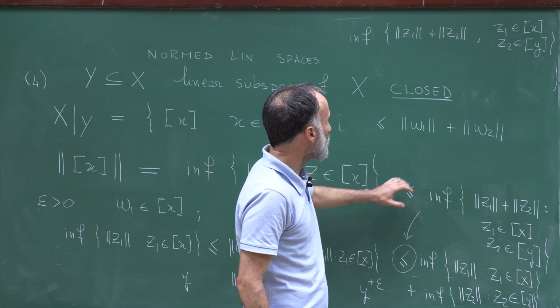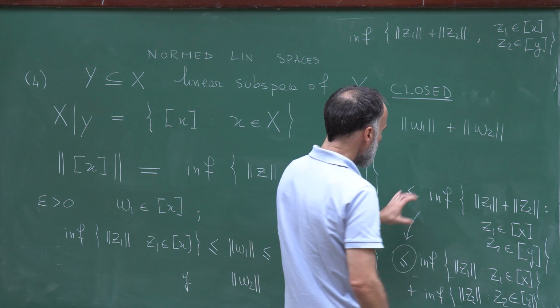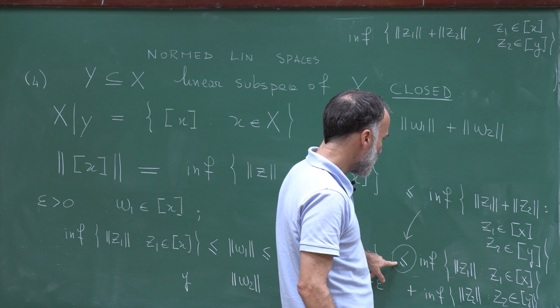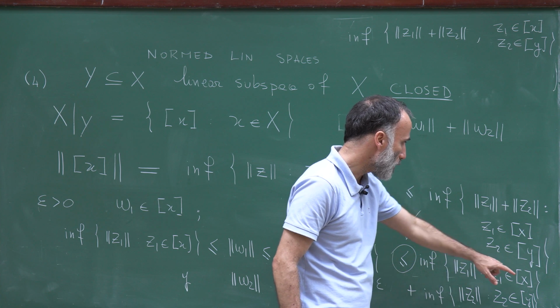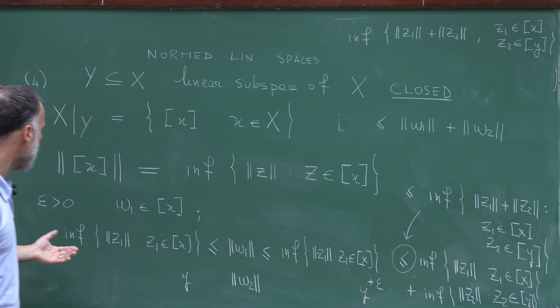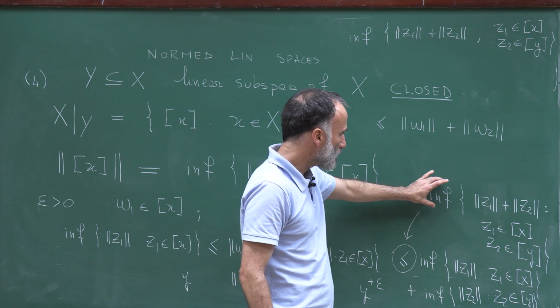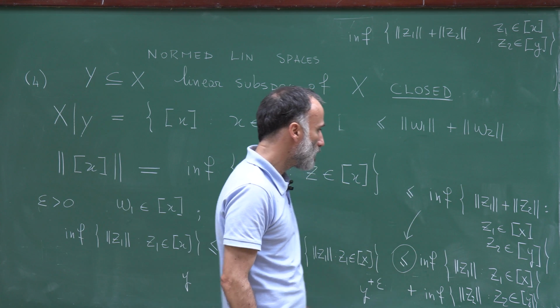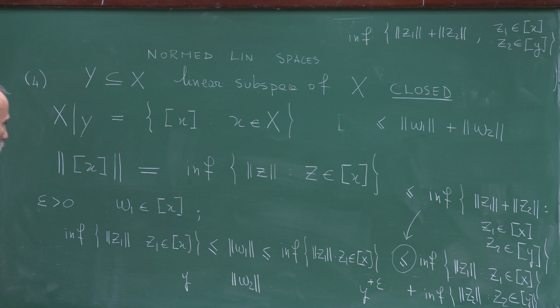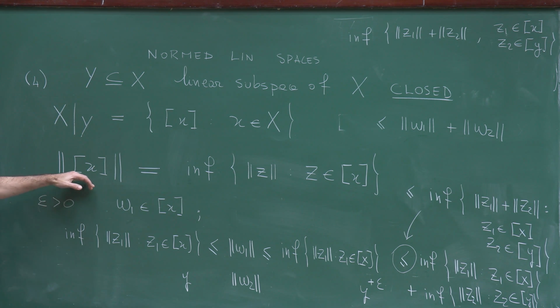So what we have is that this expression is less than or equal than the right-hand side plus 2 epsilon. This holds for all epsilon, so I can take epsilon to 0 to get that indeed the left-hand side is less than or equal to the right-hand side. And this completes the proof of the third property of the norm defined by this expression.